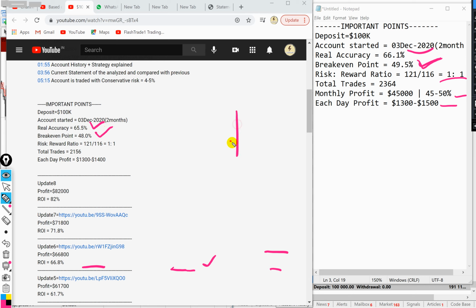Here the break even must decrease and real accuracy must increase. Here real accuracy increased as well as break even point increased, so the trading on the account is being maintained. Neither has the trading improved, nor has the trading been destroyed. So trading is constant on this account. Risk reward is 1:1, which is maintained on this account.